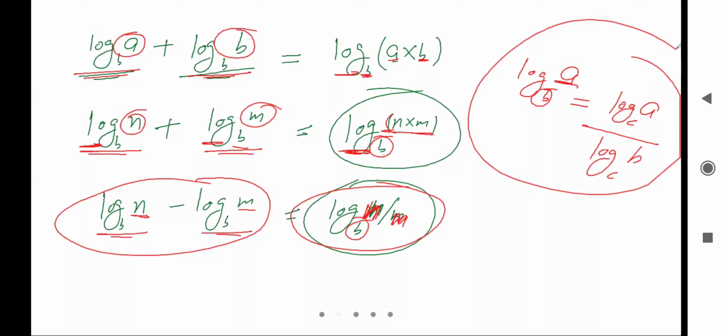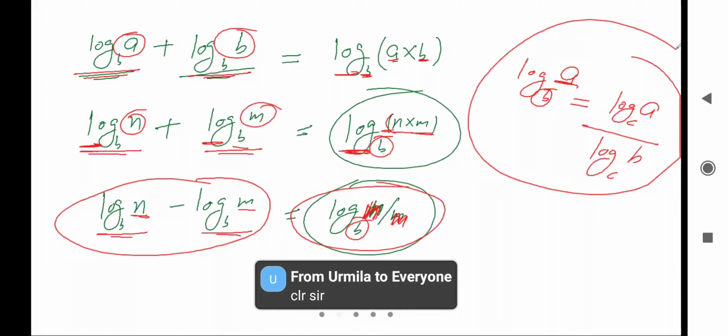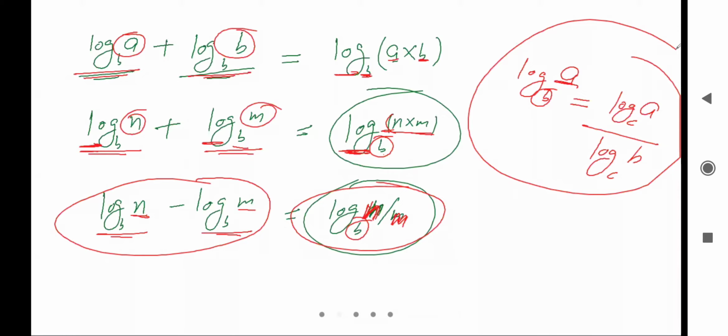So these are some of the important properties to solve some of the questions related to the algorithm, related to the series, or something else also. Okay, now is it clear or not? Yes, Urmila, is it clear or not? Clear. Okay, fine.